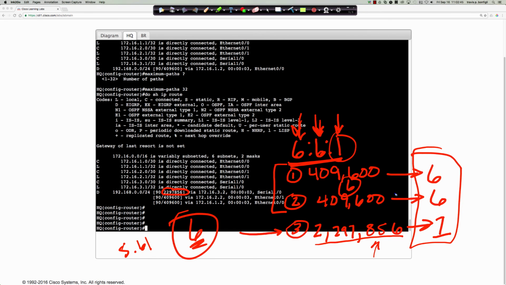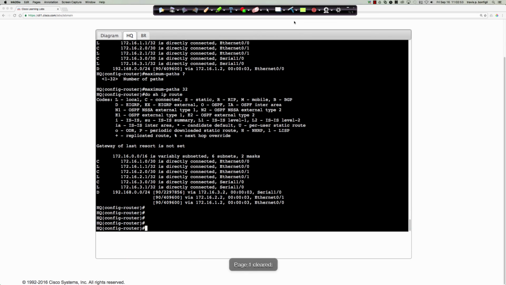All right. Well, this is going to wrap up our discussion of load balancing with EIGRP, and specifically, we took a good look at unequal cost multipathing or unequal cost load balancing. And remember the two conditions that need to be met to do unequal cost load balancing.